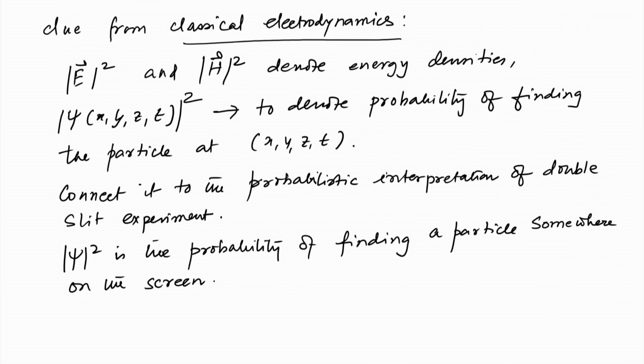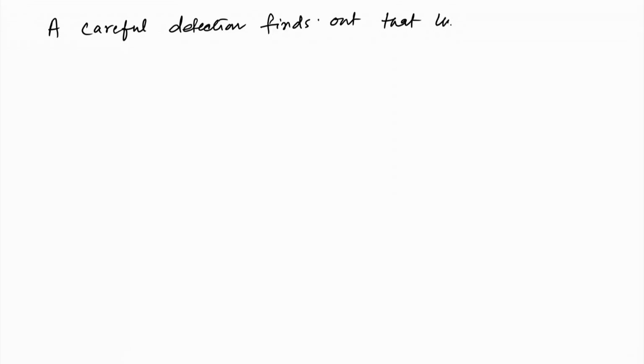And the way we can understand this is this: suppose a careful detection finds out that the photon has gone through, say, slit 1.